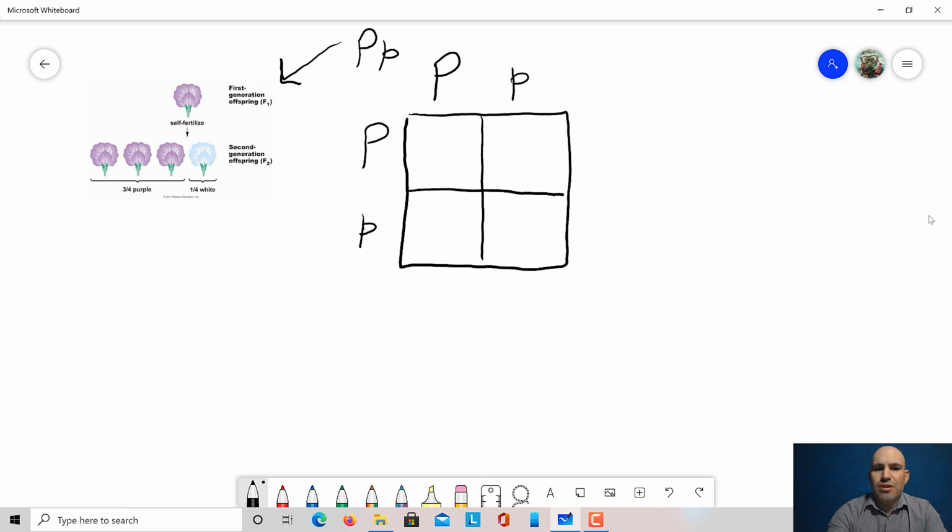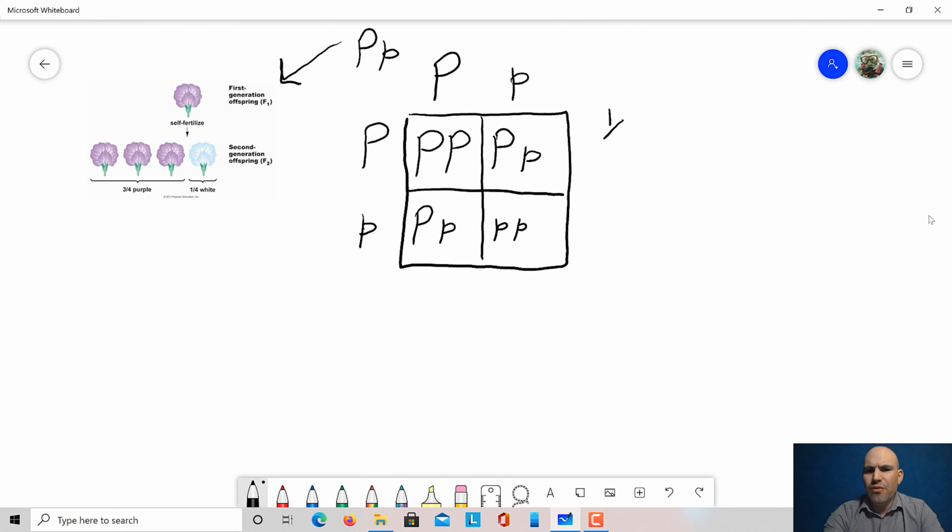And so if we start crossing these in our Punnett square, you'll see that 1/4 is going to be homozygous dominant, 2/4, which is 1/2, is going to be heterozygous, and we have 1/4, which is going to be homozygous recessive. And so if we look at how these turn out, okay, let's write this out again.